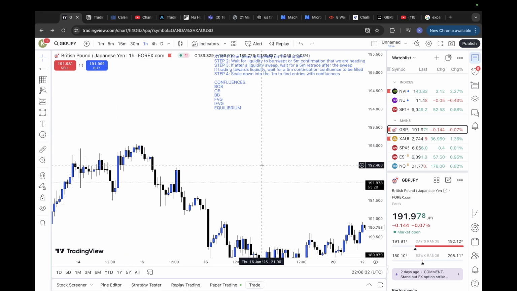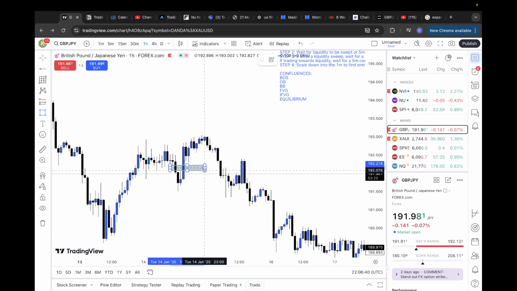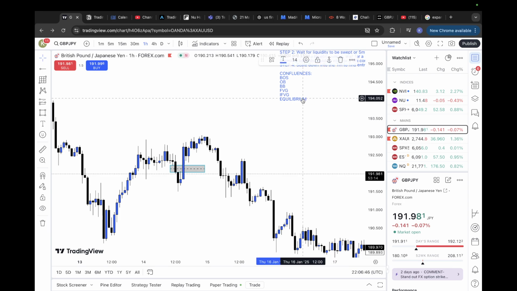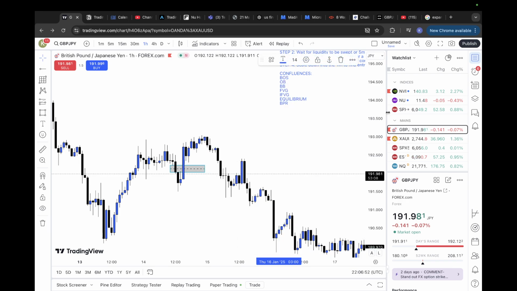And then we have an inverse fair value gap. Very, very similar. This is where a fair value gap gets inversed. So for example here, with a bearish fair value gap, you can see we get a candle close above this fair value gap. Another one I forgot is a BPR, which I'll come to right now.